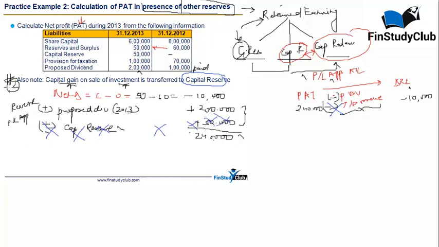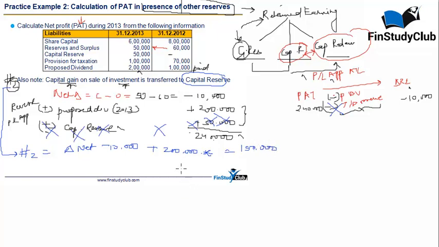So if I consider point number 2, it is equal to net change of minus 10 plus proposed dividend, and you have no other factor in play, so your answer should be 190.